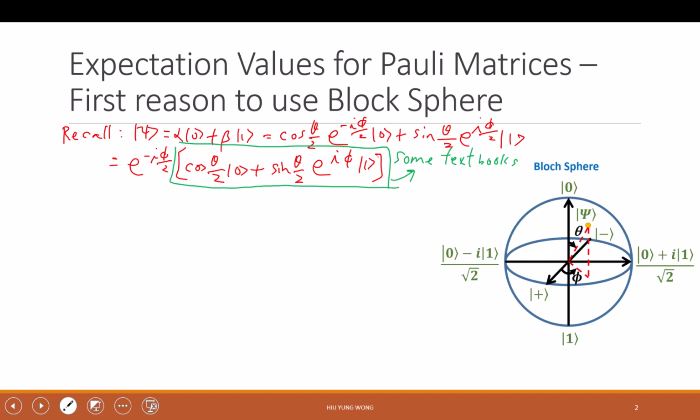Okay? Which doesn't matter because the global phase is the same. That's why what I represent in this way is the same as this, because you go to the same spot on the Bloch sphere. You are on the same spot.